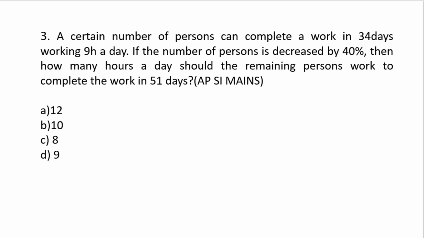Meanwhile, I'll also do it. Let us take the 40%. How can I write 40% as a fraction? 2 by 5. If I want to convert a percentage into a fractional part, I get 2 by 5. So what is that saying? Decreased by 40% means the total first members are 5 members and they are decreased by 2 members.